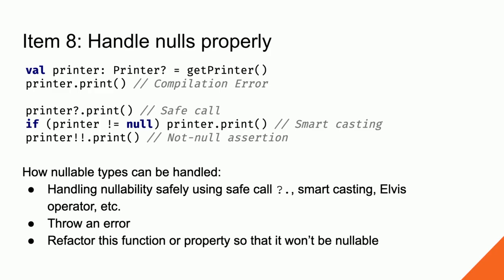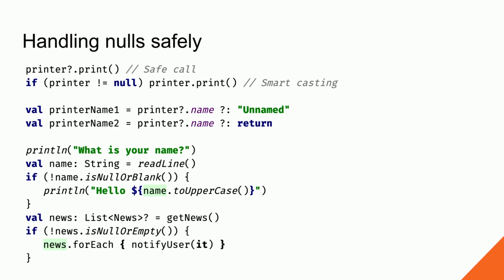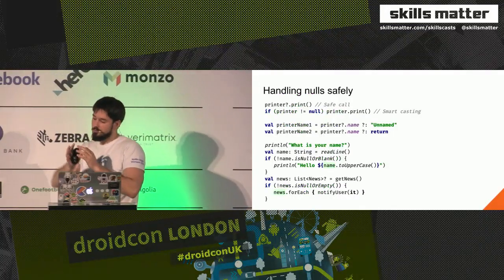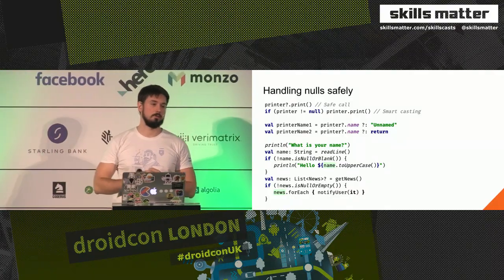So think about the first 2. Starting from the first one, handling nulls safely. We say that it is safe. It is safe from the perspective of user, because user will not see any error. We are doing nothing when something is null, or we are just skipping such situation. We are returning.